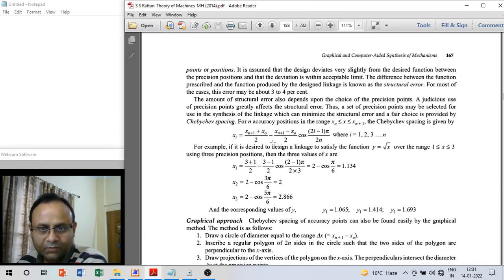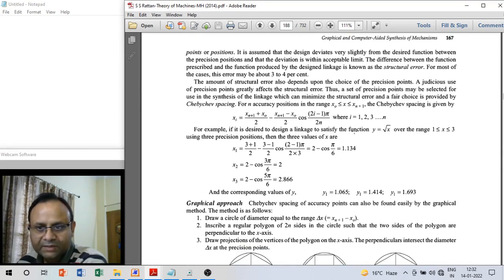For that, this is the formula: xi equals (xn plus 1 plus x0) by 2 minus (xn plus 1 minus x0) by 2 cos of (2i minus 1) pi over 2n, where i goes from 1 to n. So you will get n values of x, which are n accuracy points based on Chebyshev spacing.